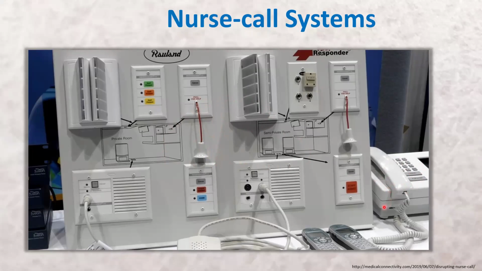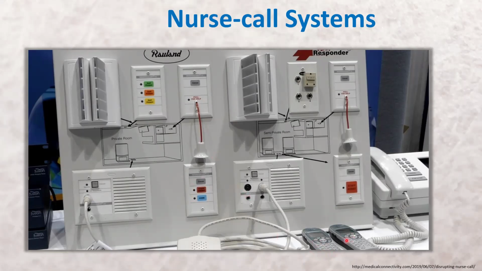And here is the console, the desktop console that will be at the nurse's station. Those can also be interfaced with telephones or pagers. It used to be pagers, but now nurses can get notified on their phones when the button is pressed.